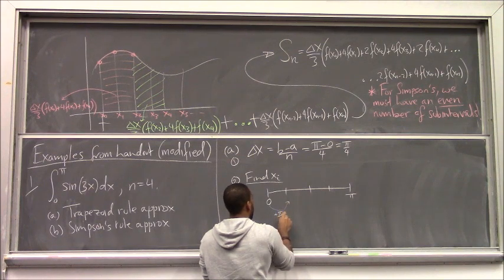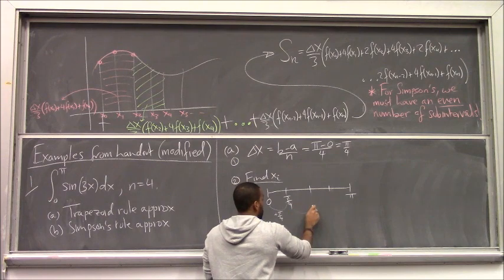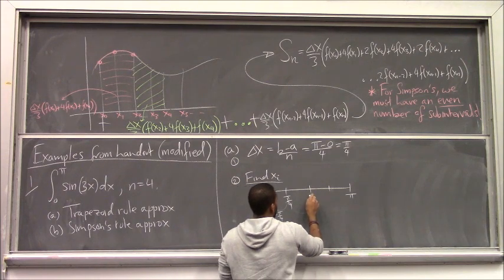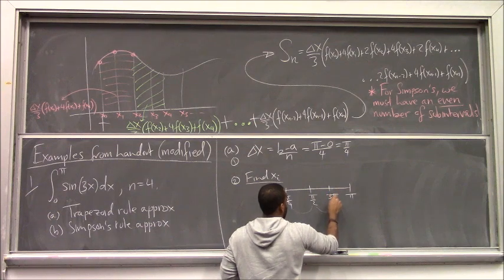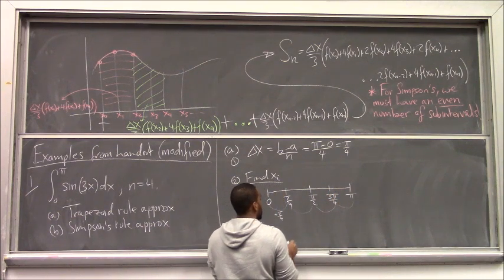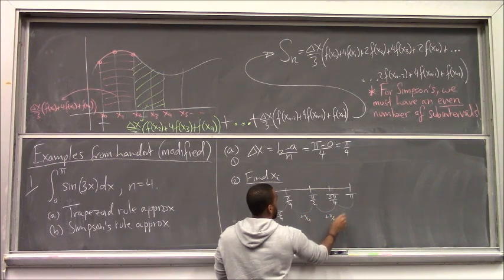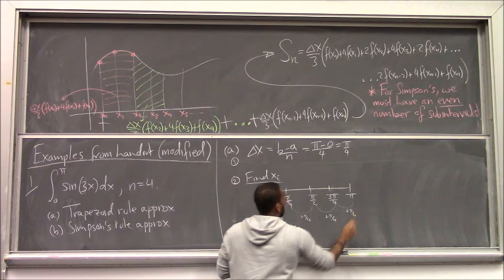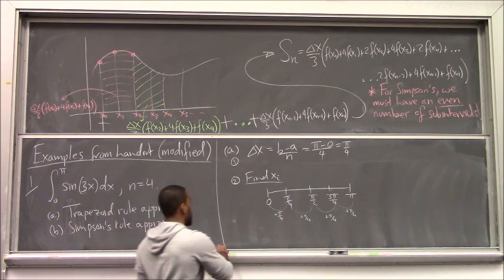I'm going to add pi over 4, so I get pi over 4. Add pi over 4 again, that gives me 2 pi over 4. Add pi over 4 again, that gives me 3 pi over 4. Add pi over 4 again, that gives me 4 pi over 4, which is the last one. So those are my xi's.